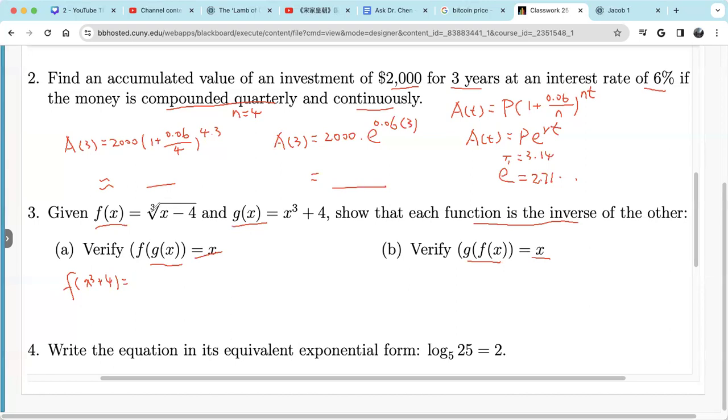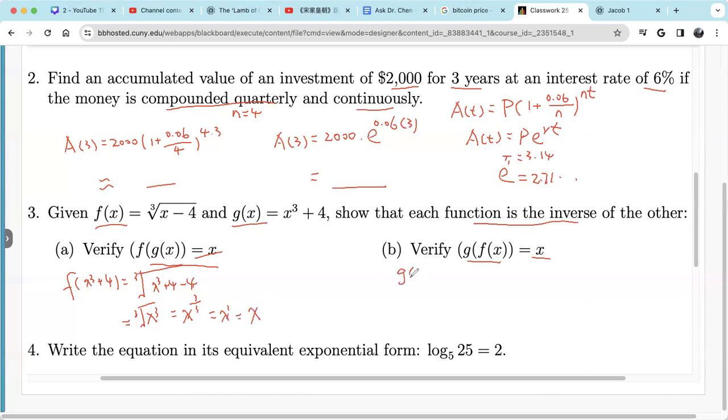And f is the cubic root of the input minus 4. So the cubic root of the input, which is x cubed plus 4, minus 4. Plus 4 minus 4 becomes 0. So we have the cubic root of x cubed. Well, that's x raised to the rational exponent 3 over 3, which is x raised to 1. But normally we just write x.